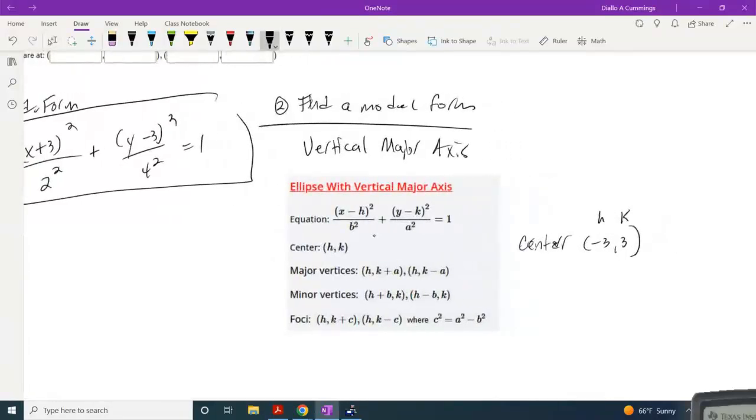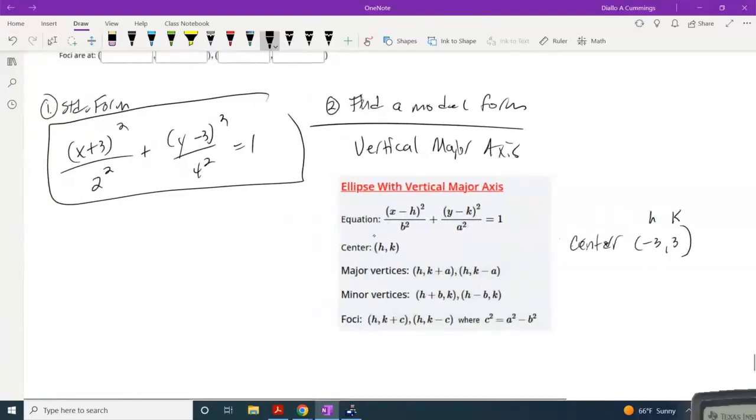Next, let's find the major vertices. So now looking at this formula, it's h comma k plus a and then h comma k minus a. We've already pulled out h and k, right? H is -3. K is +3. What is a?